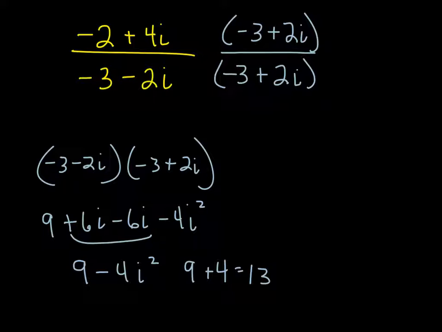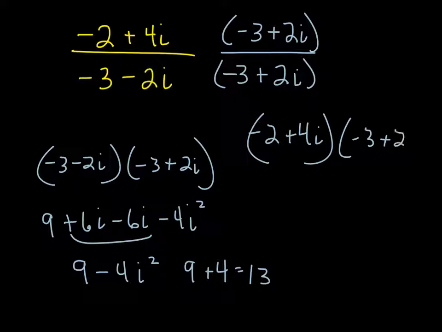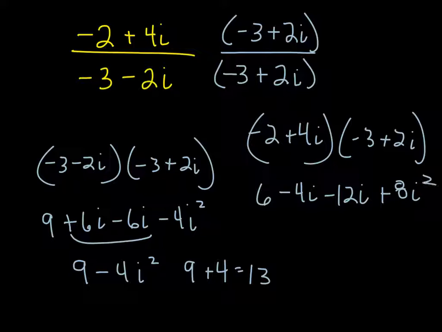Okay, our numerator is going to be -2 plus 4i times -3 plus 2i, and that's going to just be distributed out. So -2 times -3 gives us positive 6. -2 times positive 2i gives us -4i. 4i times -3 gives us -12i, and then 4i times 2i gives us a positive 8i squared.